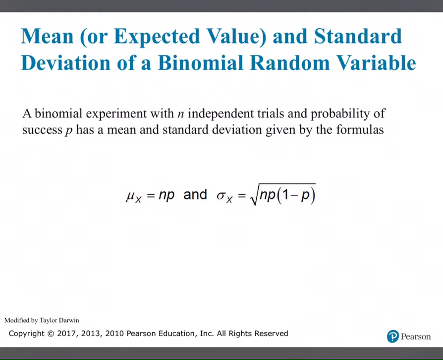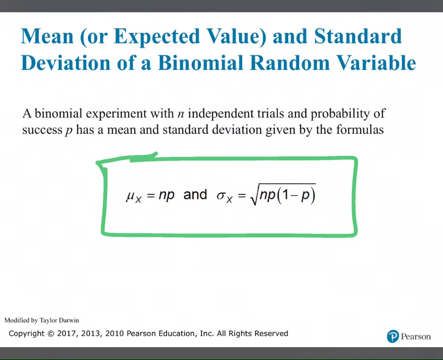Just like when we have a distribution model, we can find the mean and standard deviation. I think this formula is a little easier, even, versus when you have a table. To find the mean, you just do n times p.